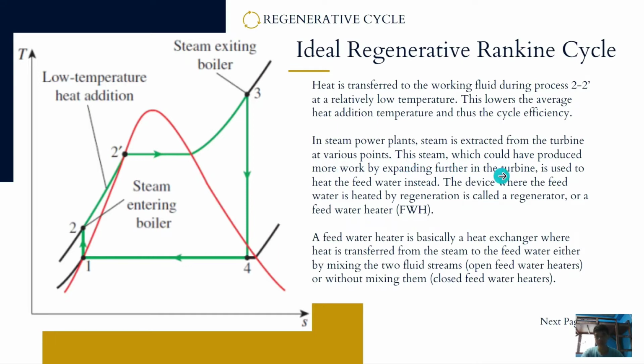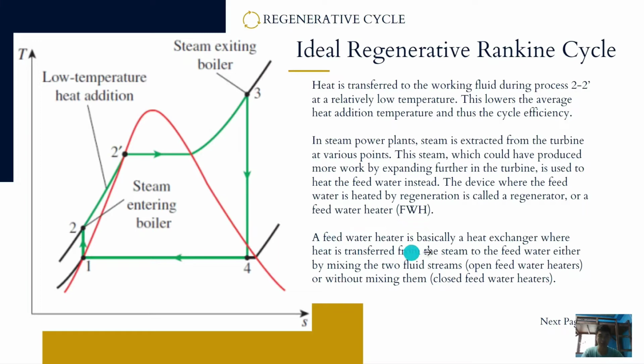This steam, which could have produced more work by expanding further in the turbine, is used to heat the feed water. The device where the feed water is heated by regeneration is called a regenerator, or feed water heater, FWH.